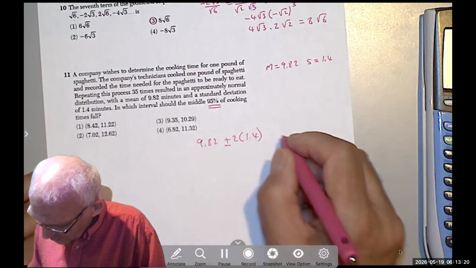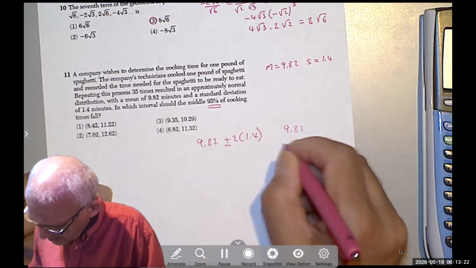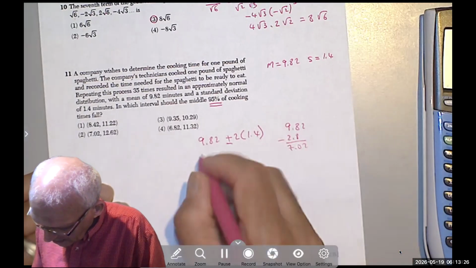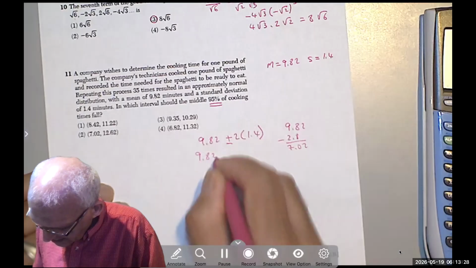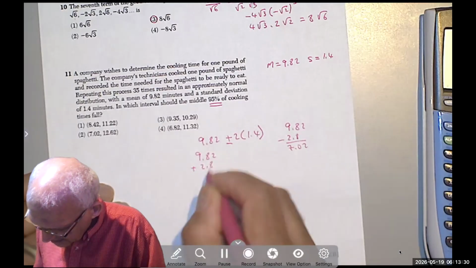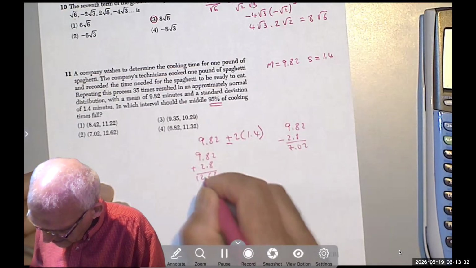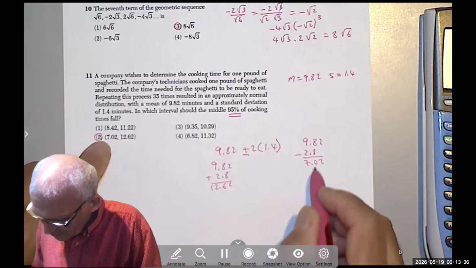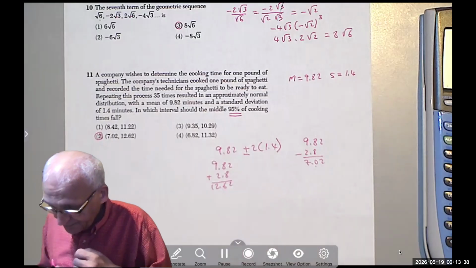So the lowest would be 9.82 minus 2.8, which is 7.02. And the highest is 9.82 plus 2.8, which is 12.62. So that's number 2, 7.02 to 12.62. Okay, sorry if I'm going fast, but I think it's clear.